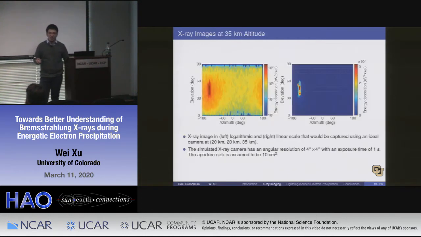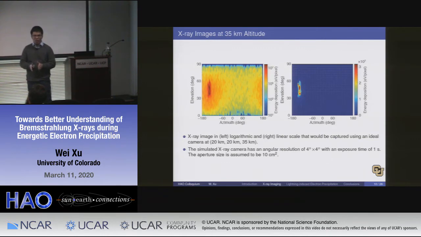Using this kind of information about the trajectory of X-rays, we can determine the angle from which X-rays are recorded by the detector. And this kind of incident angle can then be converted into energy deposition in different pixels of the detector, and that's the X-ray images.